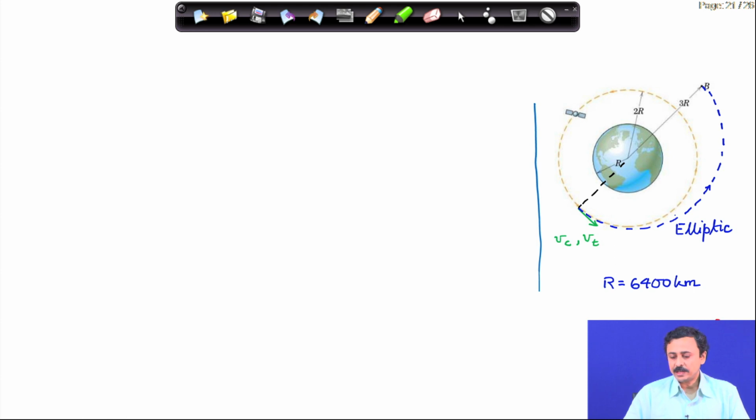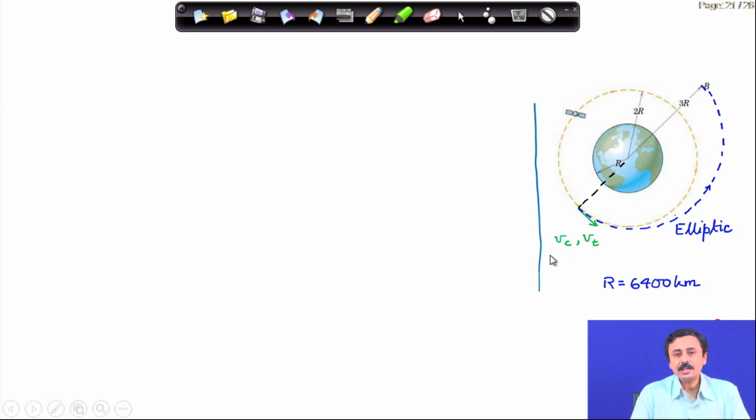Here I have drawn that elliptic trajectory roughly. It was initially on a circular path, and you can calculate V c, the circular path velocity. Radius of the earth is 6400 kilometer. We have to find out delta V min.